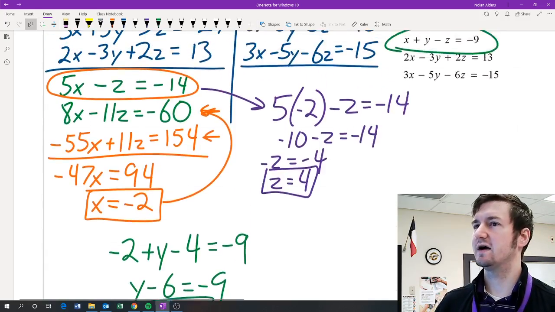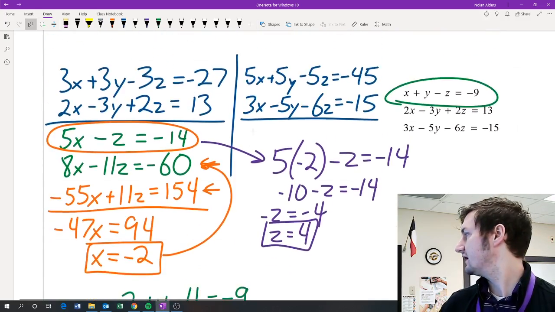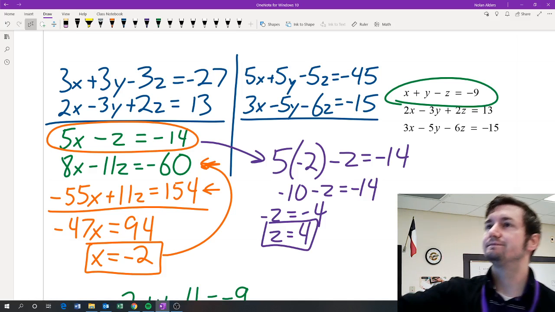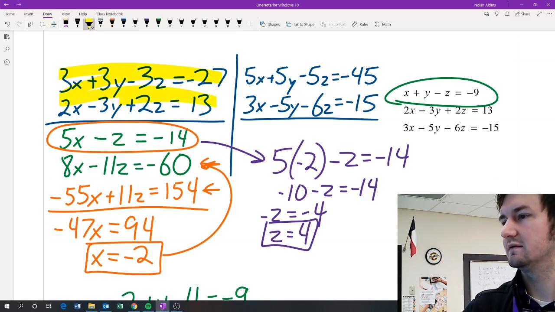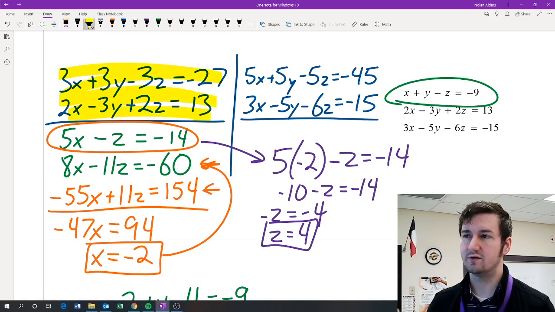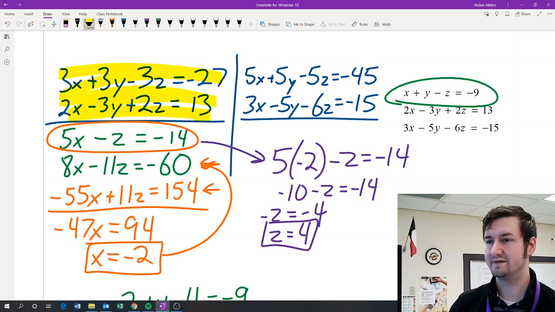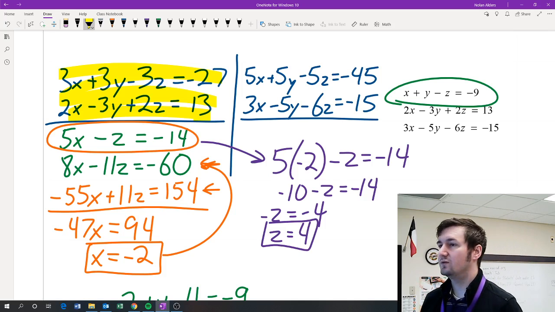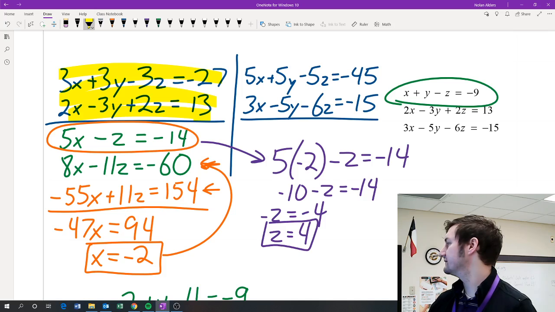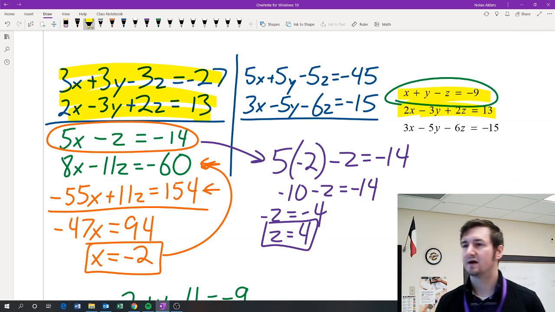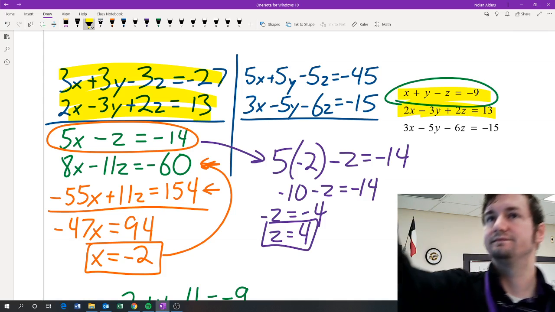And just to recap our strategy here, we did one elimination right here, and we did another elimination right there, where we were trying to eliminate the y. So we chose two of our equations, in this case these two, and we did that elimination.